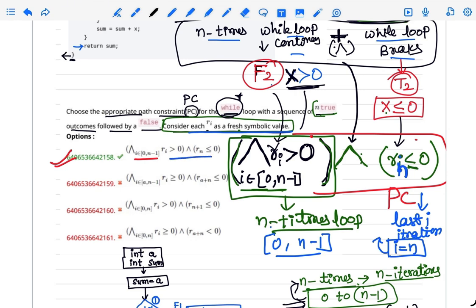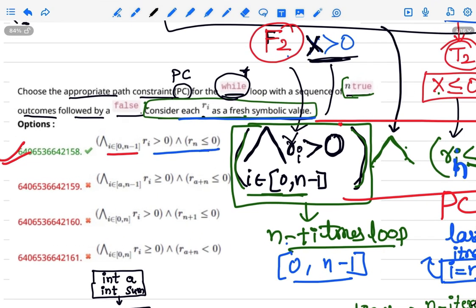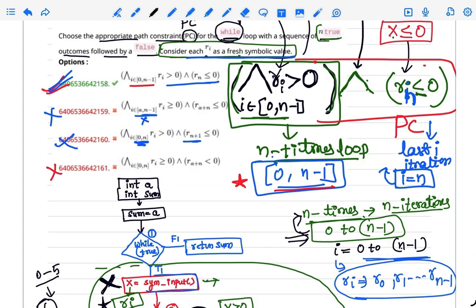So these conditions are satisfied, right? rn less than or equal to 0, this condition is true. Here, i belongs to 0 to n minus 1 is wrong. Go to n, not n minus 1. This is correct. This is wrong because it is n. This is not n plus 1. The last option is also incorrect because this is also range 0 to n only.